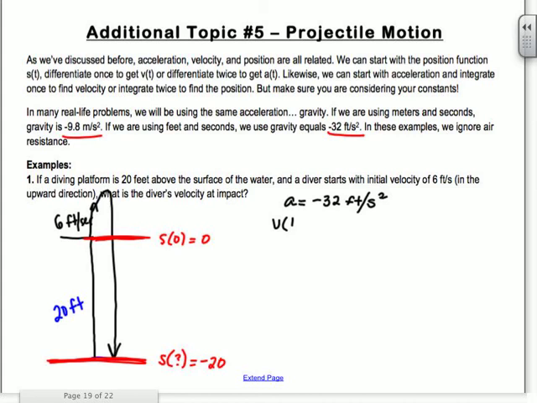All right, your velocity then, we integrate. Now you don't have to do the integration signs or anything. You just integrate. You get negative 32t plus c. What is c always going to be in this problem? It's not 0. C is always going to be what we call our initial velocity.